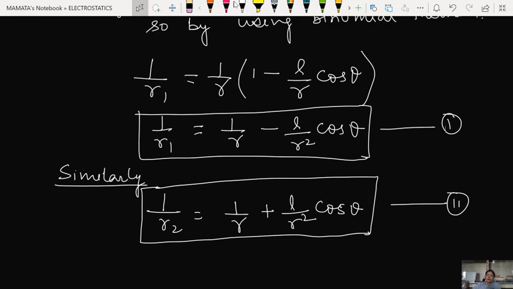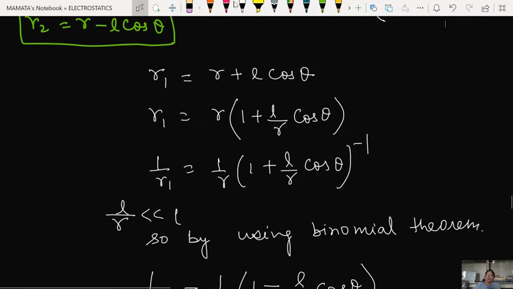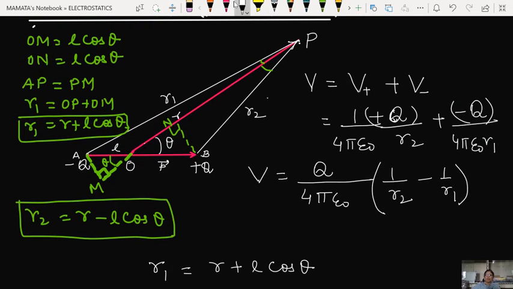And we have the formula for V, which is equal to q upon 4 pi epsilon naught times 1 upon R2 minus 1 upon R1.